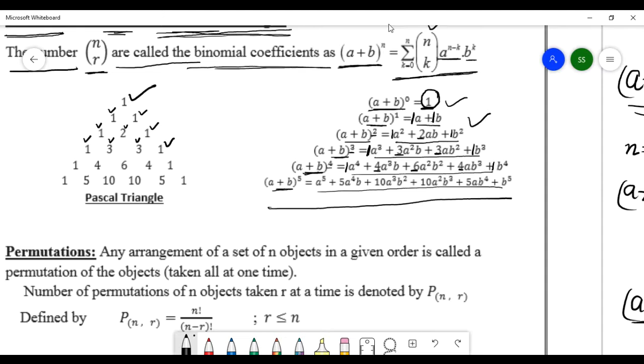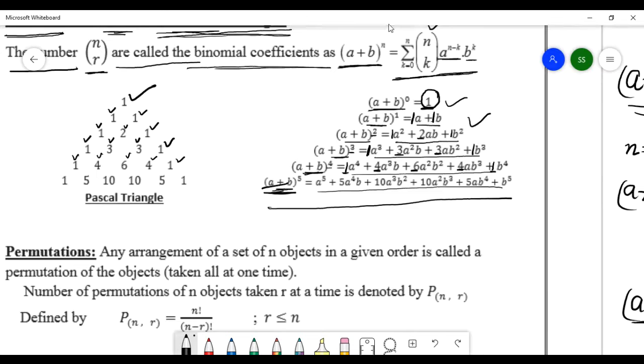These are called coefficients. Okay, and these are the same coefficients here. These are the same binomial coefficients you will get here, right? So 1, 4, 6, 4, and 1. Write here 1, 4, 6, 4. Now come to this.